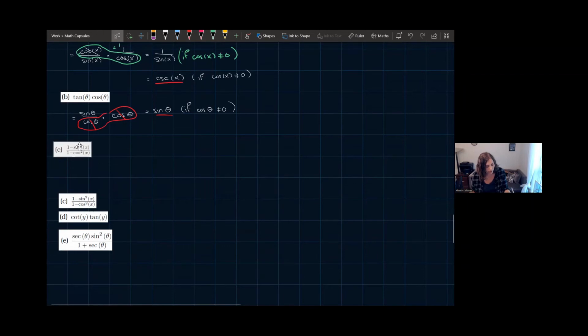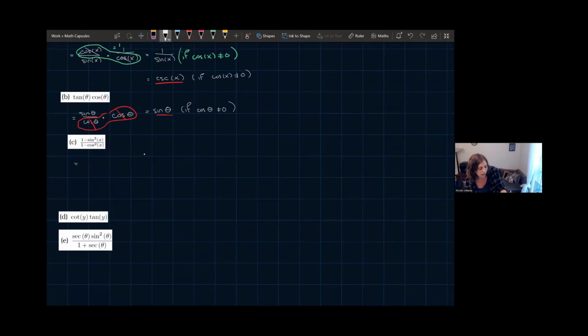In the next one, I see I have sine squared and I see I have cosine squared. So that's a hint that I'm going to be using my Pythagorean identity. 1 minus sine squared is equal to cosine squared. So that whole numerator becomes cosine squared.